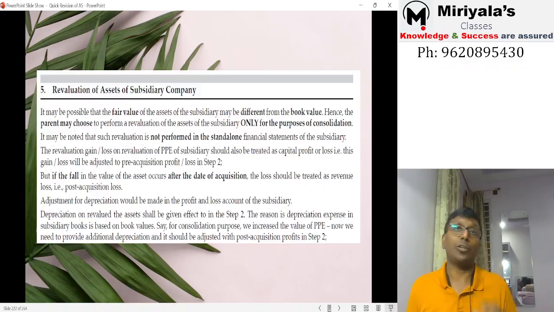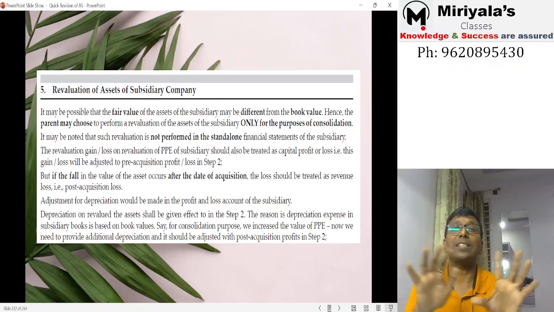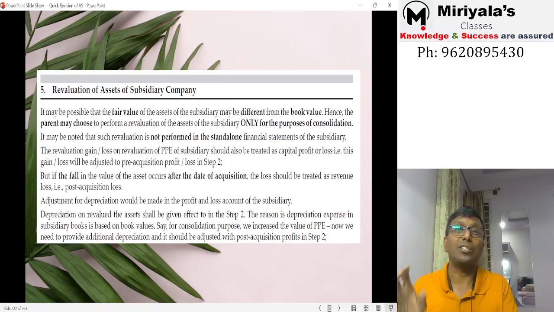Revaluation of assets. What is this? As on the date of acquisition, when you are purchasing the subsidiary, you must have revalued the assets. But even though you have revalued the assets for the payment of consideration, this is not a revaluation as per Accounting Standard 10 by the subsidiary company. Hence the subsidiary company has not recorded any revaluation journal entry in its standalone books of account.